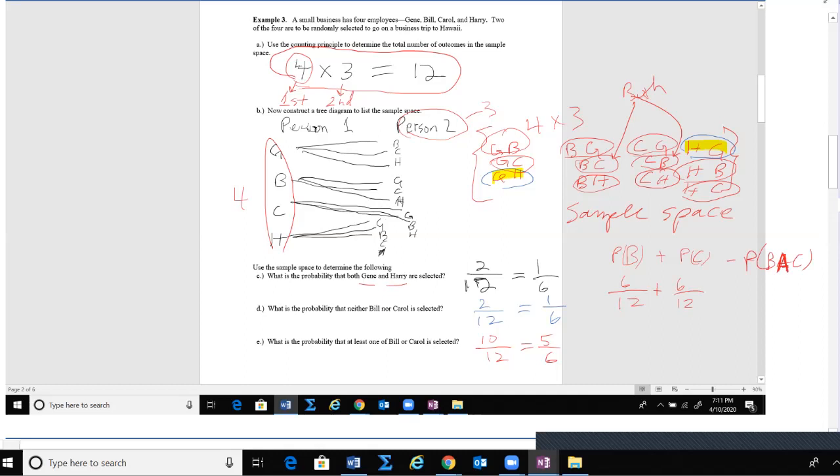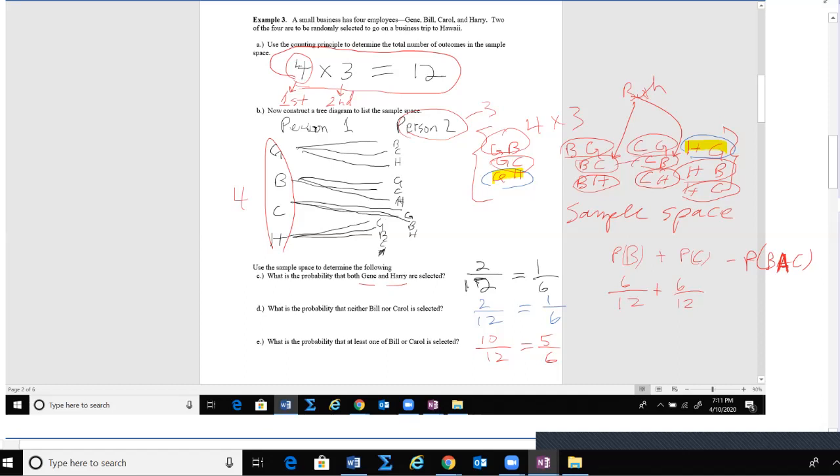The reason is we counted those twice, basically. I counted the Bill and Carol here once when I was counting just the Bills, and then I also counted this one, because it had a B, so I counted these 2.